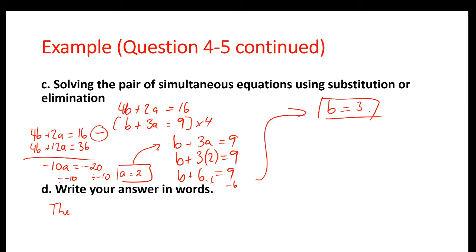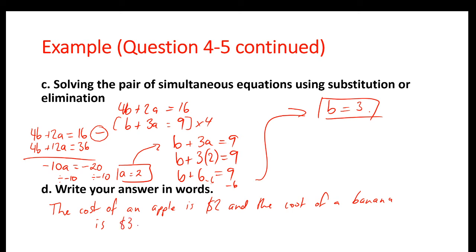So the cost of an apple is $2, and the cost of a banana is $3. Okay, so some pretty simple numbers, but again, it's the algebra that we want to see.